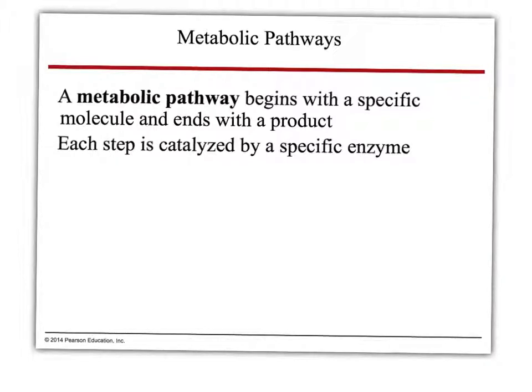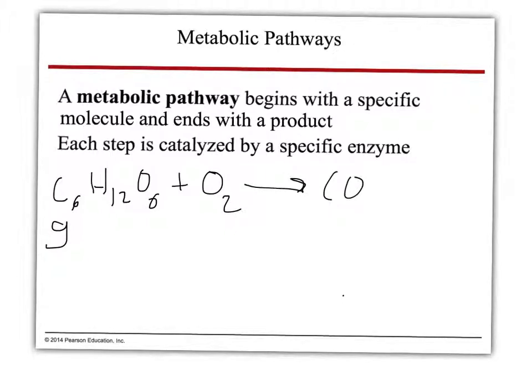So an example of a metabolic pathway, we can do this in terms of just starting with glucose, all right? So we start with glucose, which is C6H12O6, plus oxygen, all right, yields CO2 plus H2O, all right?